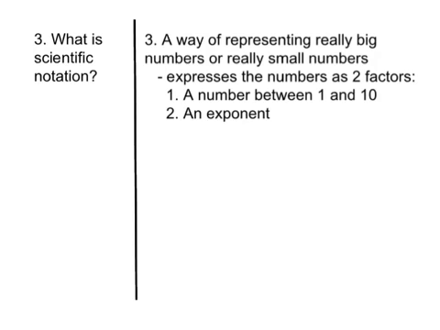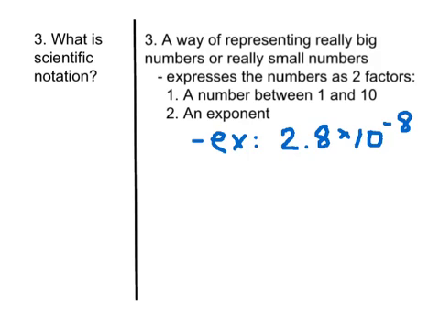Okay, so again, we have a number between 1 and 10 and an exponent. So an example here would be the number 2.8 times 10 to the negative 8. Okay, so that is an example of a number that is written in scientific notation.